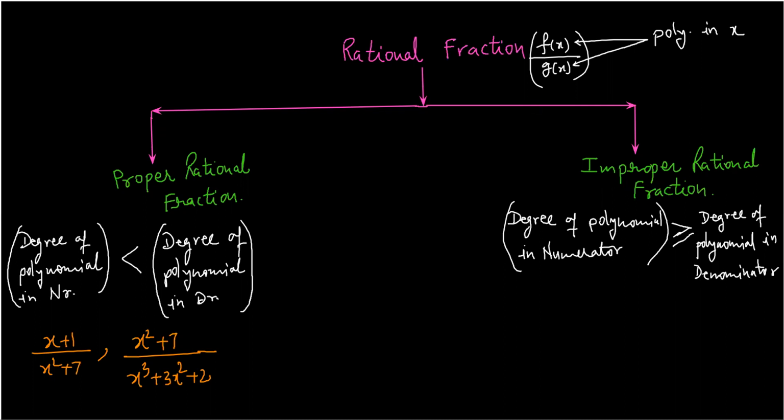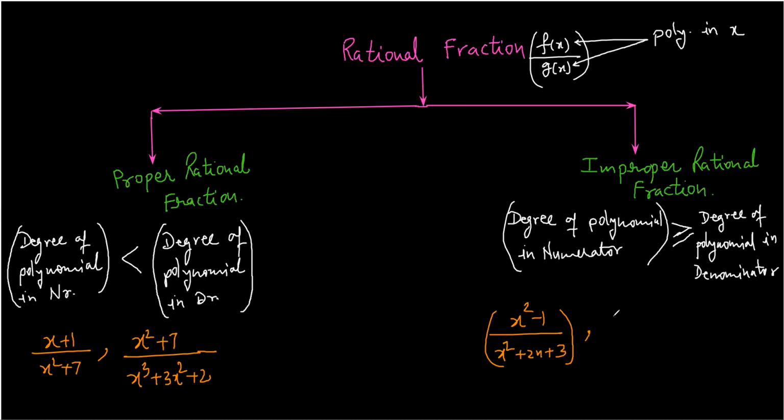If you want examples, see here, I have x square minus 1 upon x square plus 2x plus 3. Now you notice that the degrees of numerator and denominator are equal, so it is an improper fraction.